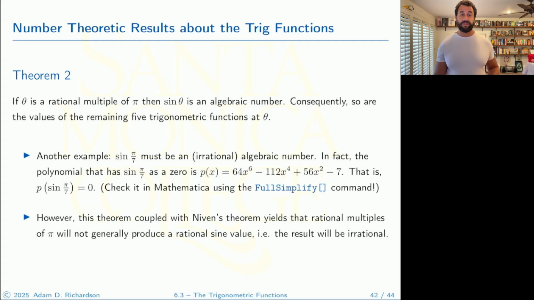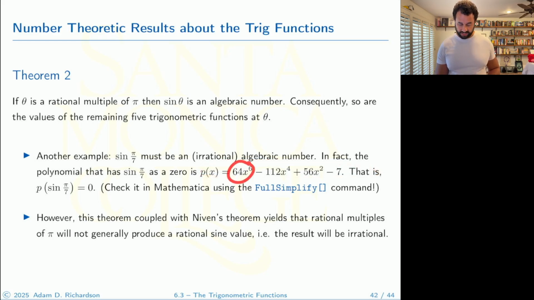Here's another example that I think you might appreciate. Sine of pi over 7 must be an algebraic number because pi over 7 is a rational multiple of pi. But if it's an algebraic number, that means there's a polynomial with integer coefficients that gives you 0 when you plug sine of pi over 7 into it. And in fact, here it is. This is the polynomial that will do that.